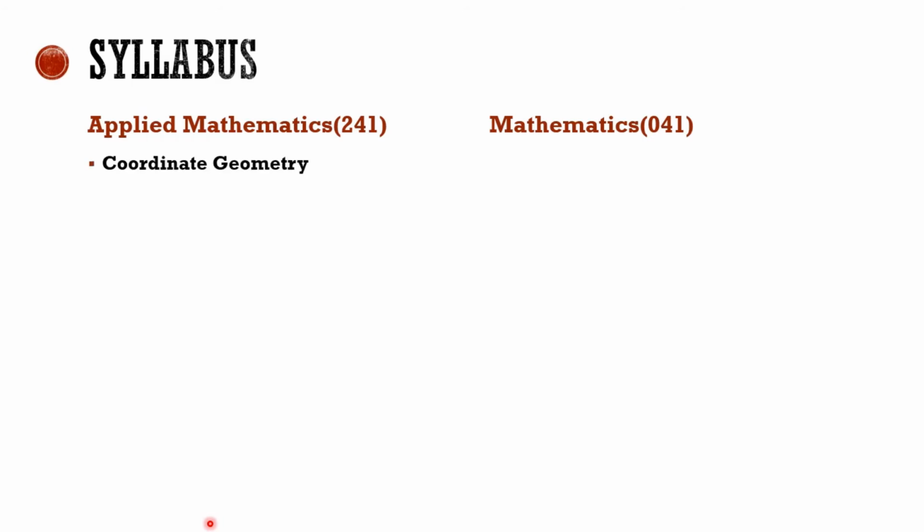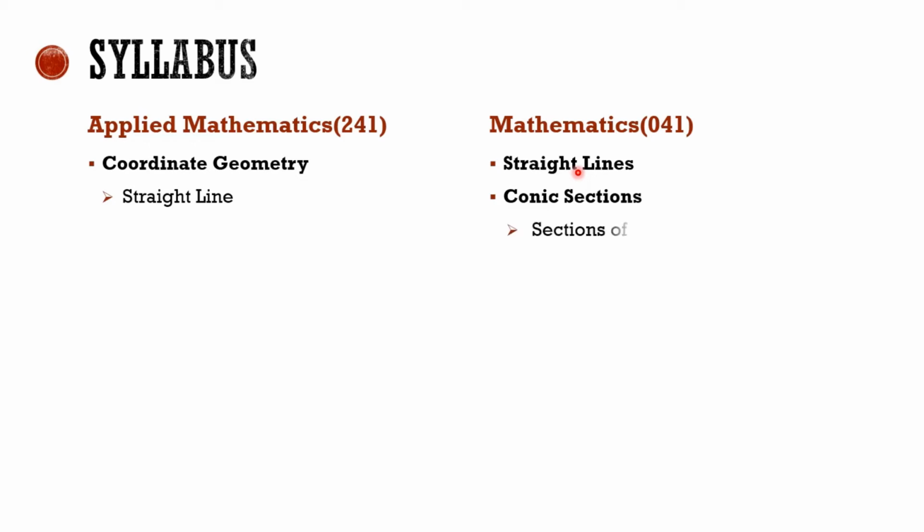Then next, in coordinate geometry, straight line is given, and in mathematics also straight line is given as one chapter. In conic section, circle, parabola, ellipse and hyperbola are given. Circles are also given in applied mathematics. Parabola is given common.